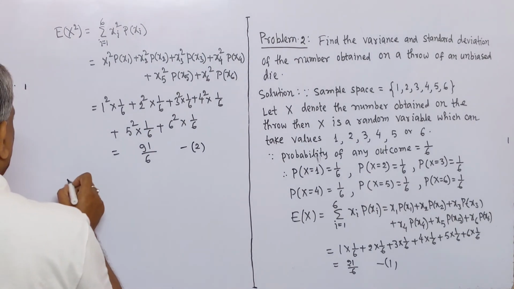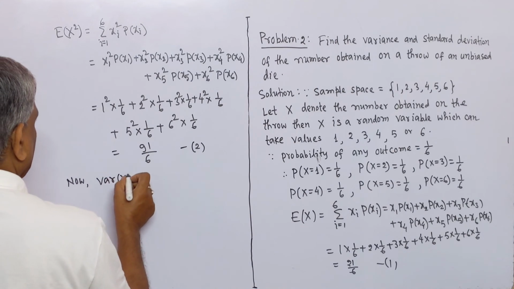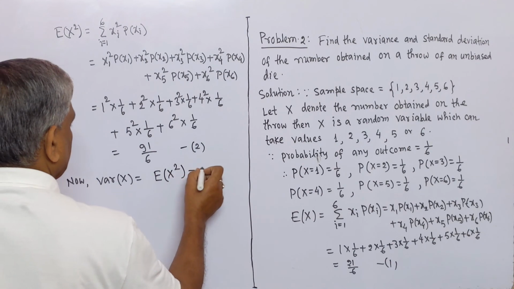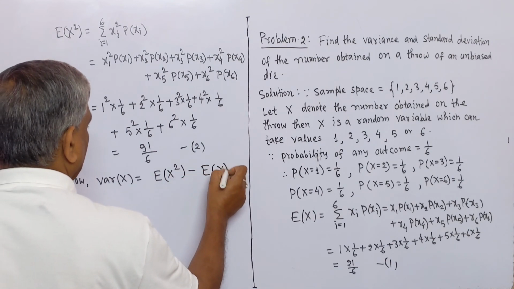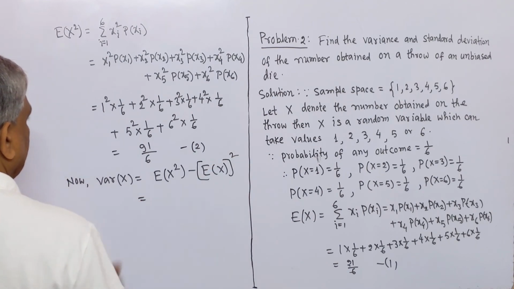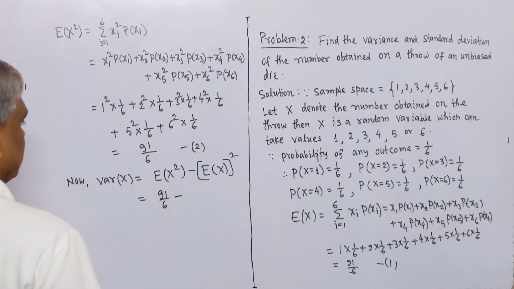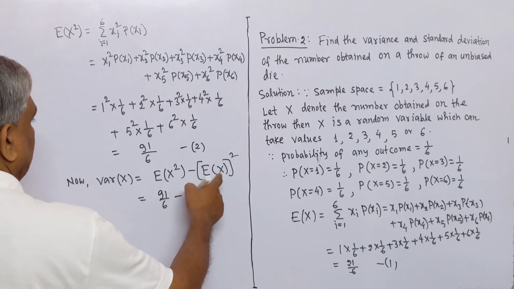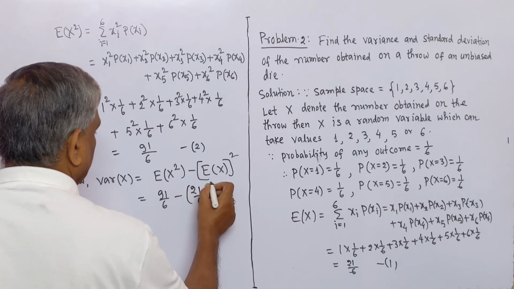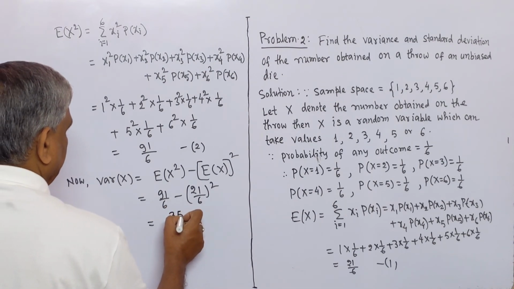Now variance of X equal to E[X square] minus (E[X]) whole square, and E[X square] is 91 by 6 minus E[X] whole square means 21 by 6 whole square, and if we calculate this we will get 35 by 12.